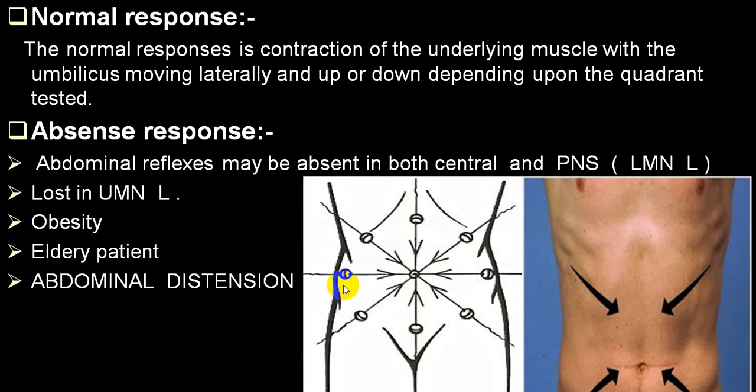You can see the direction of stimulus from lateral towards the center. This is diagonal stimulus and you look at the movement of umbilicus because of contraction. So go from lateral towards the center. This will be T8, this is T10 and pubic symphysis is T12.